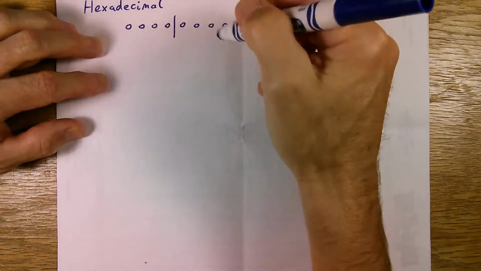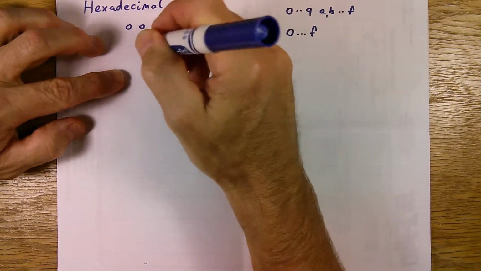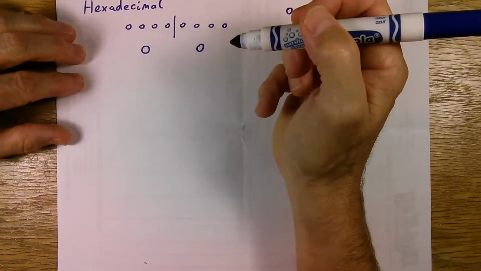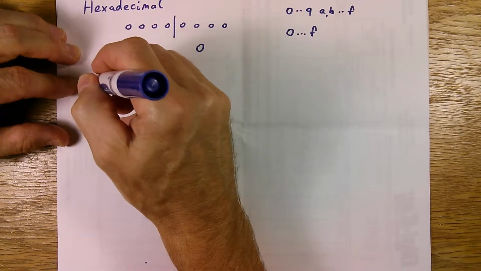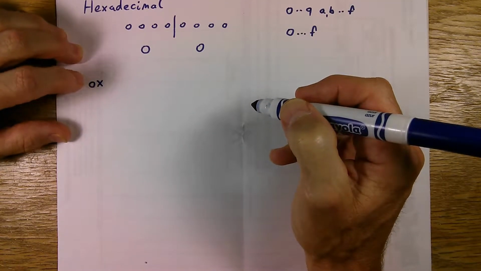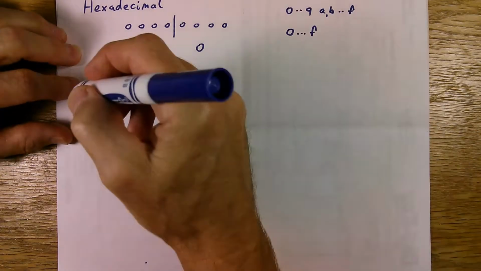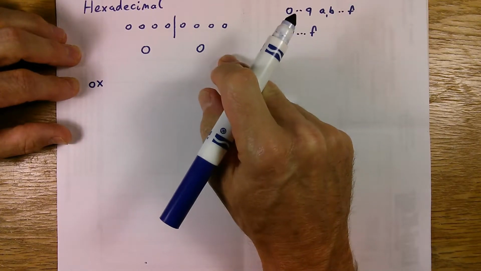So since I've written zeros there, our hexadecimal designation for this would be 0, 0. And the way you write that in your compiler is you write 0, X, kind of like what I did before for binary, except it's an X here instead of a B. That X could be uppercase or lowercase. And then you follow it by the number of hexadecimal digits that you're interested in.